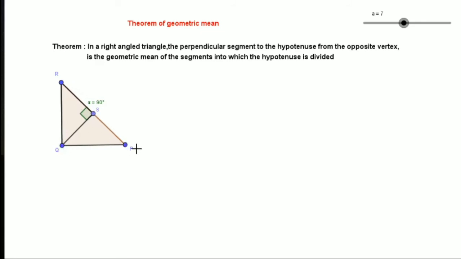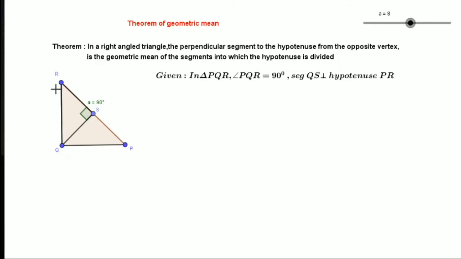Now segment QS is perpendicular to the hypotenuse PR. Due to the perpendicular segment QS, the hypotenuse is divided into two parts, segment PS and segment SR. According to the theorem, segment QS is the geometric mean of PS and SR. That we have to prove here.